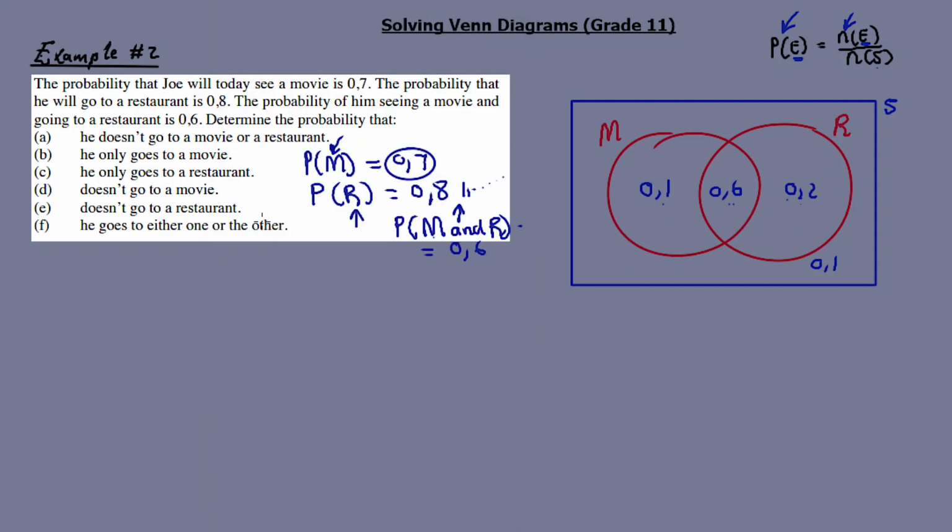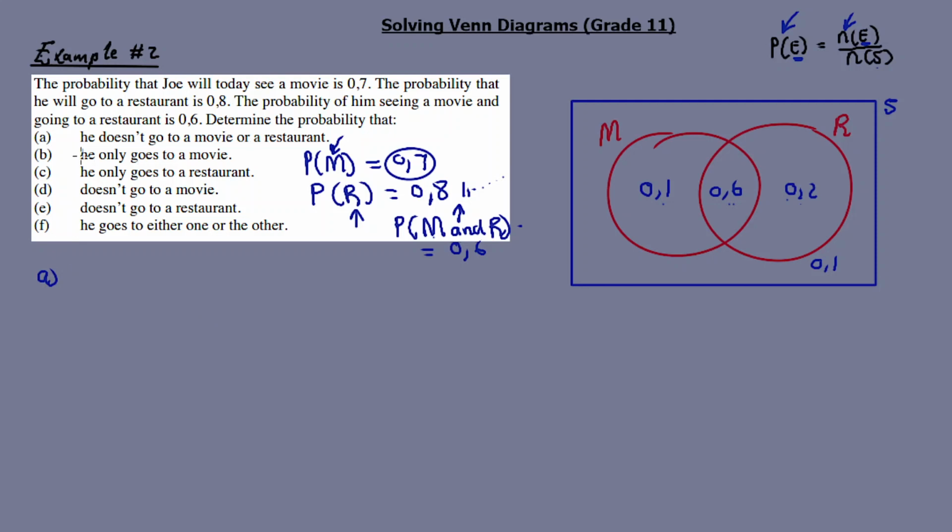Once you have finished drawing your event diagram, make sure the probabilities within the sample space all add up to 1. Having drawn the event diagram and placed all the probabilities correctly, you can now answer any question.